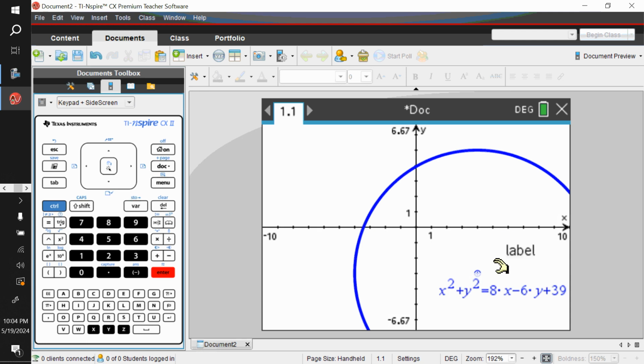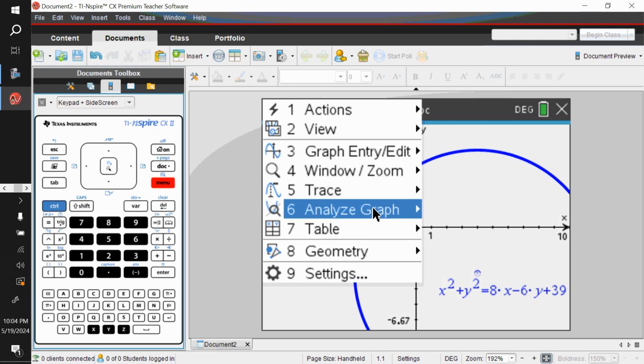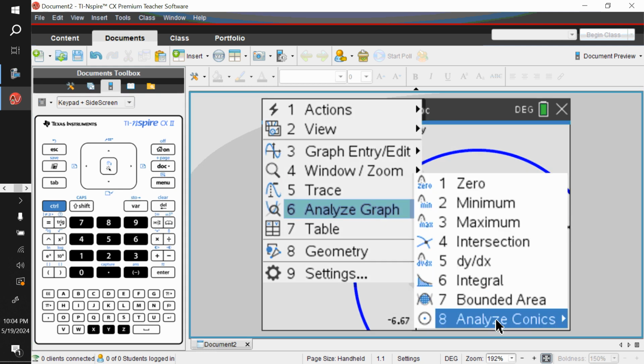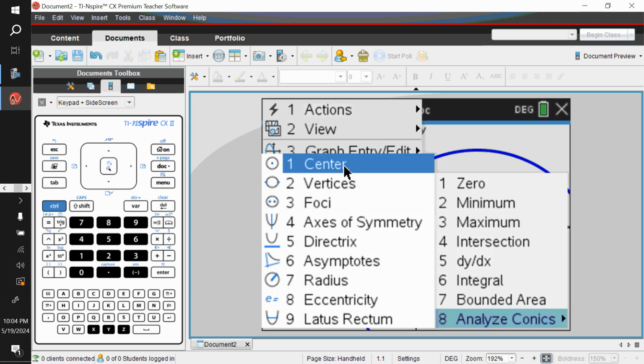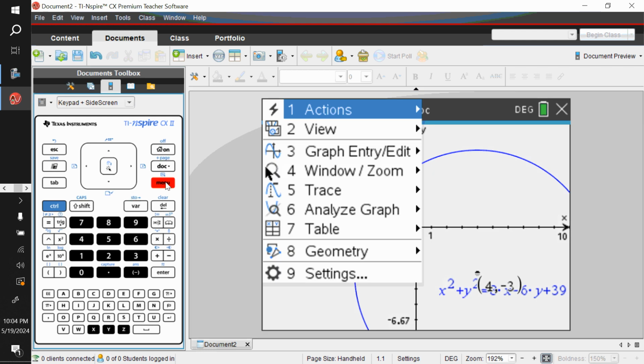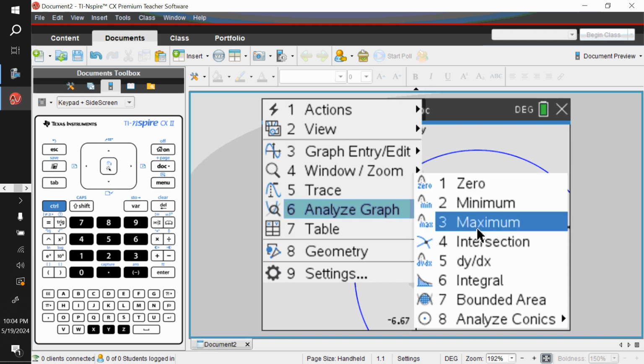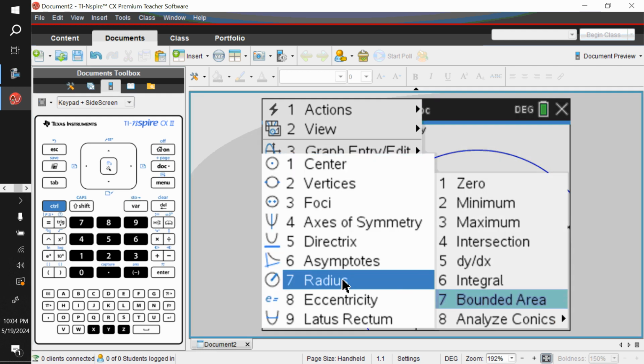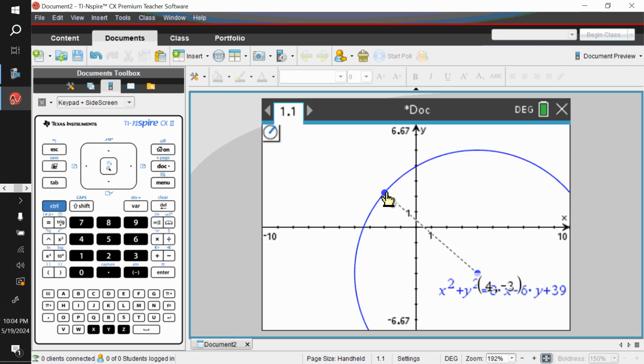Now, if you wanted to get even more complex, once you have this drawn, you could go to Menu, Analyze Graph, Analyze Conics, and you can just ask it what the center is. You just click on this, and notice it gives you the actual center of 4, negative 3. You also could go to that menu, Analyze Graph, Analyze Conics. Notice it says Radius. You could click on the circle, and let's see.